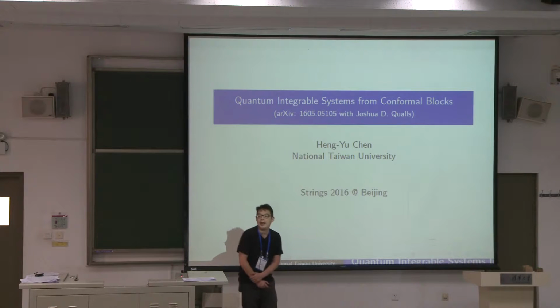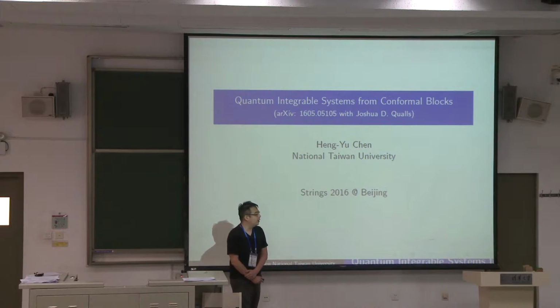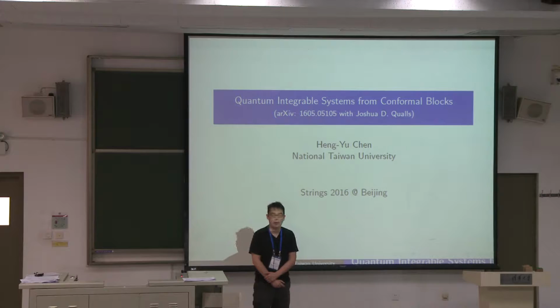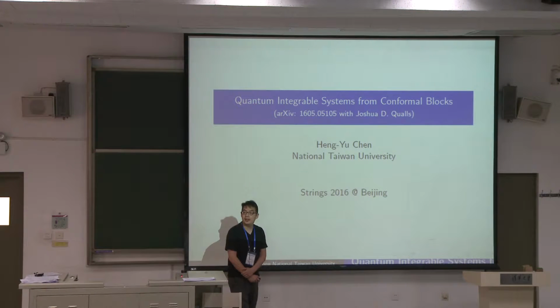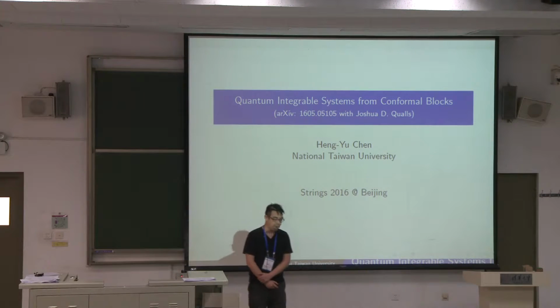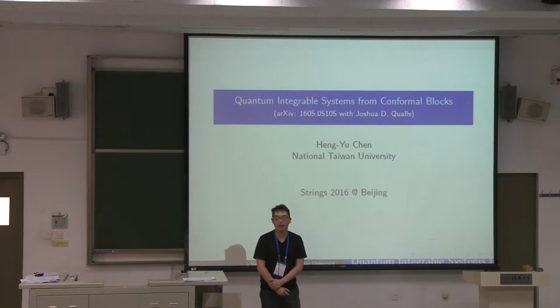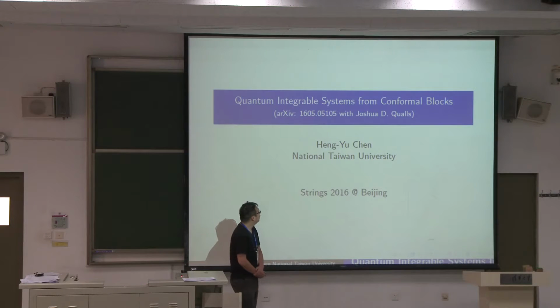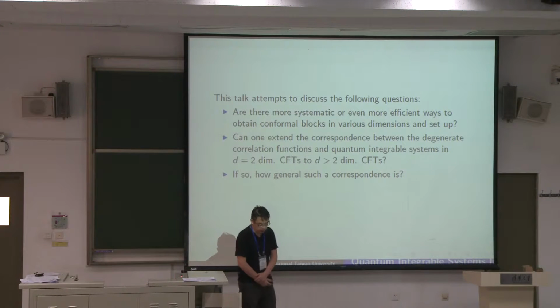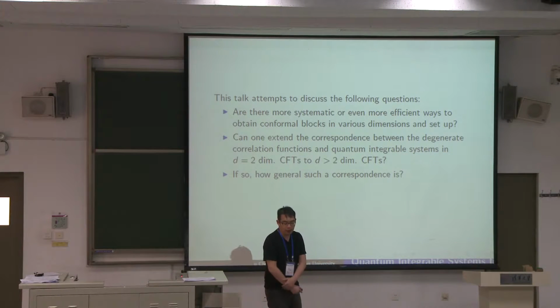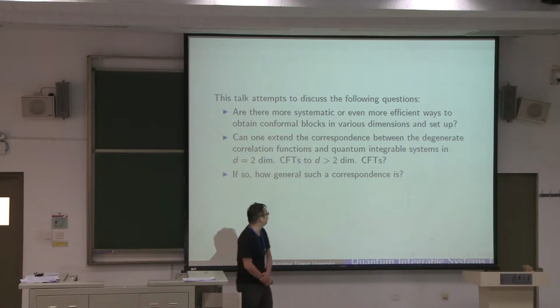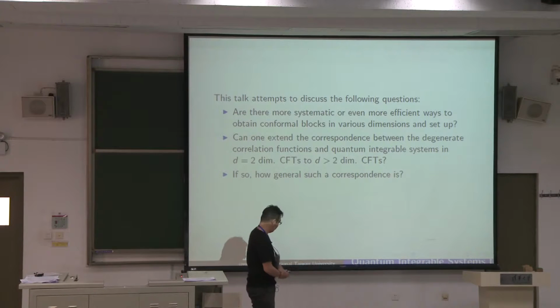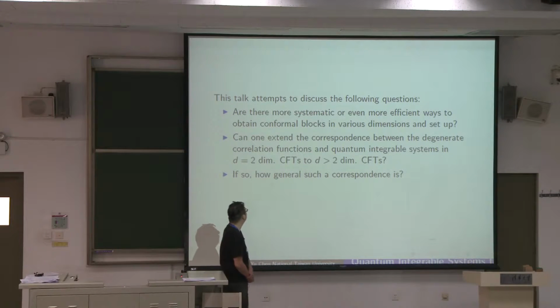And it's fair to say that in all this type of study, the conformal block, or more precisely, the availability and the properties of a conformal block, play the central role in helping us to obtain those results. So in today's talk, which is really based on work that emerged over the past few months, I will make an attempt to discuss the following question.